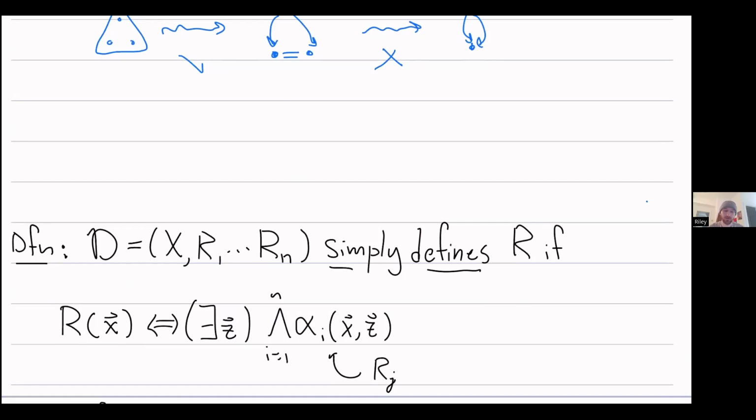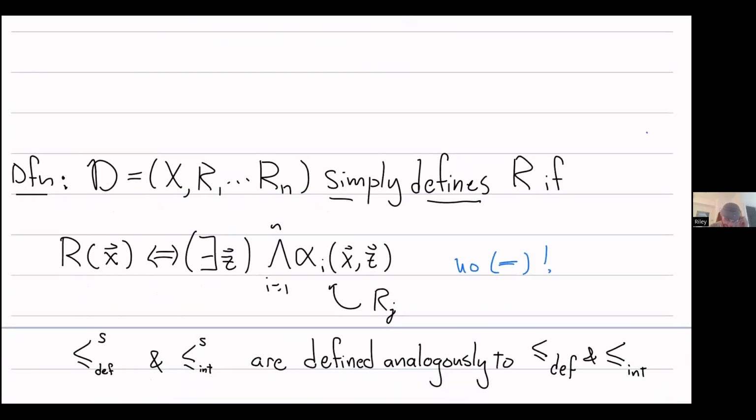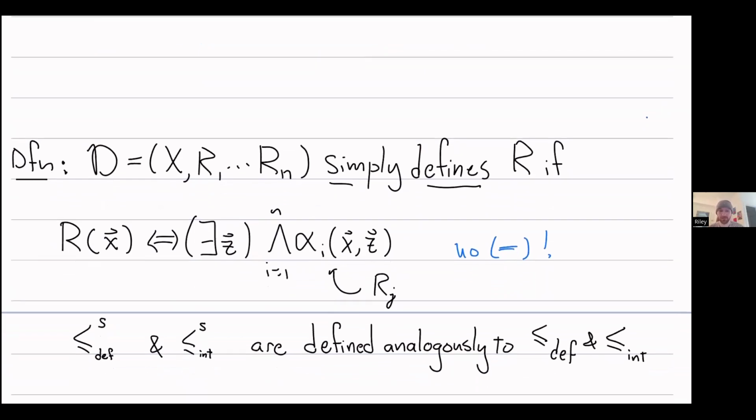So we say that a structure D simply defines a relation R if R can be written as an existential quantifier over a conjunction of atomic relations in D, not including equality. So no equality. It's not something I generally demand, but in this case, it's important. And then the relations for structures are completely analogous to the PP relations. Just we're never allowed to use equality.